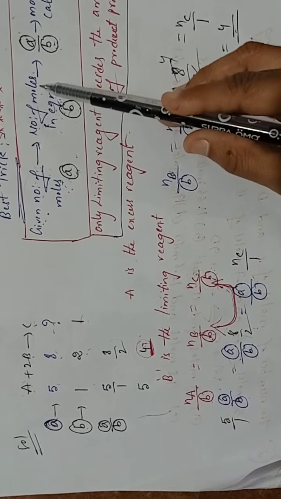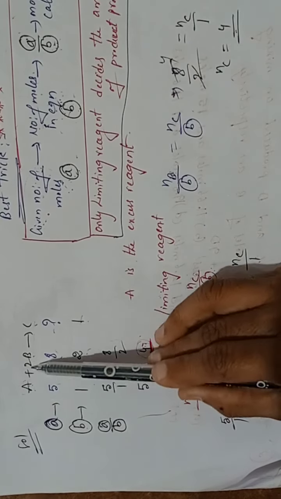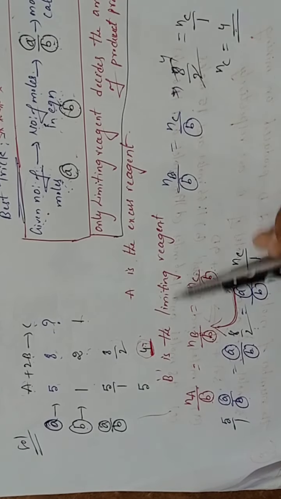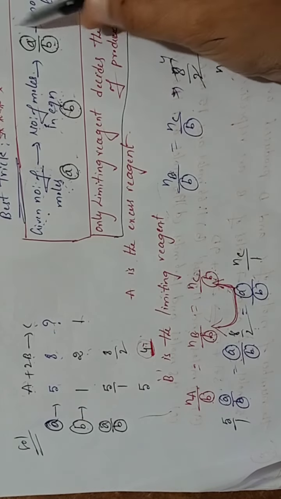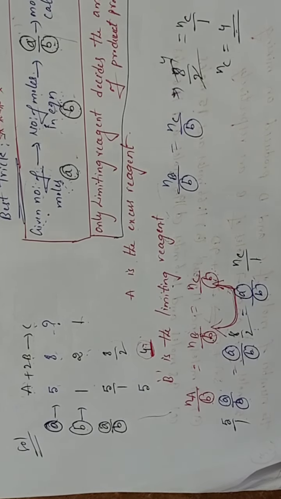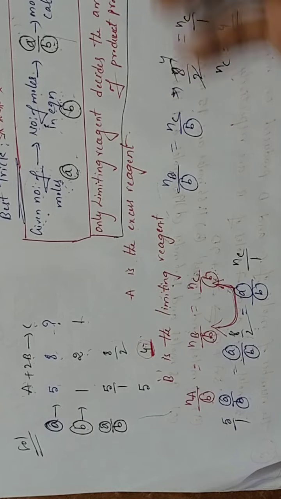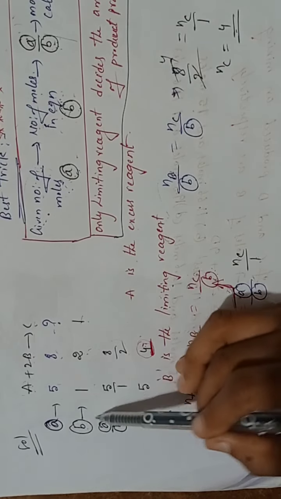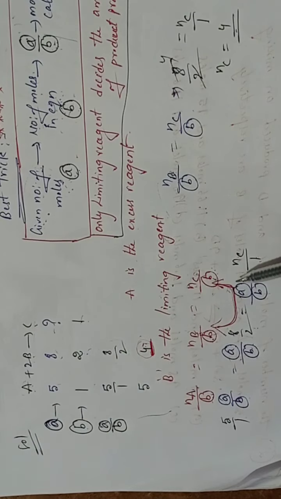B is the number of moles in the equation, 1, 2, 1. A by B, this by this. Up to here we can identify the limiting and excess reagent. After that you have to do the mole calculation: number of moles of A by B, number of moles of B by B, number of moles of C by B.